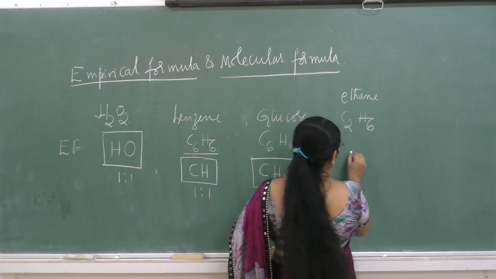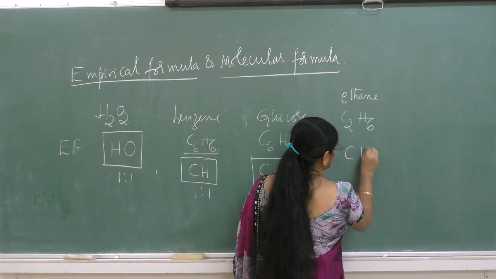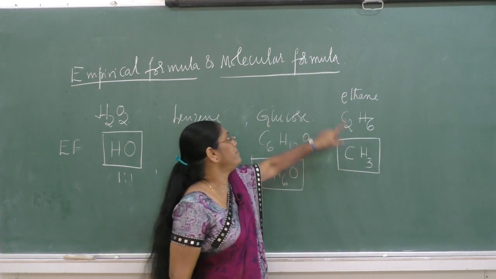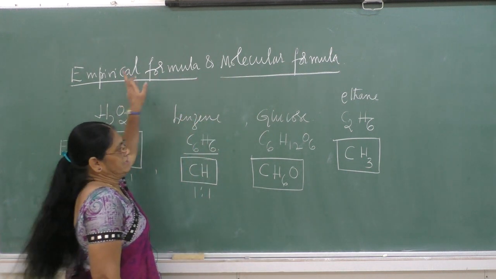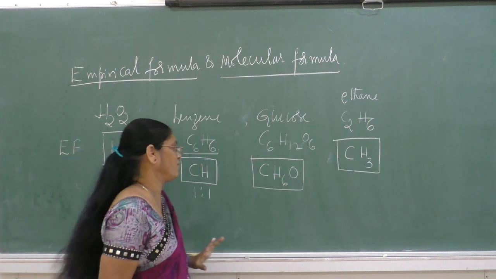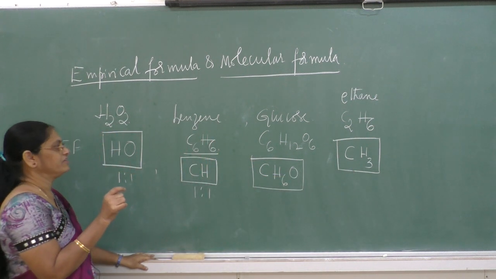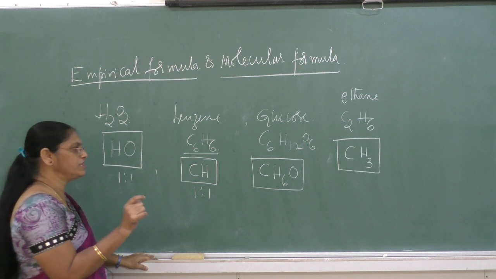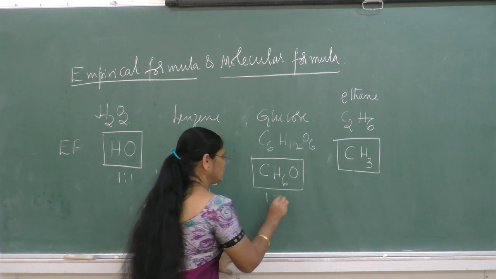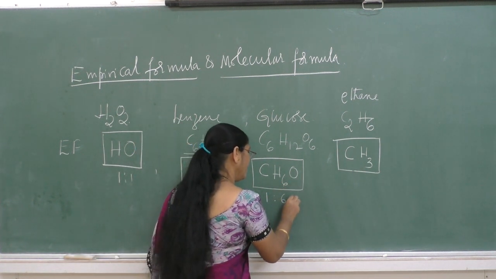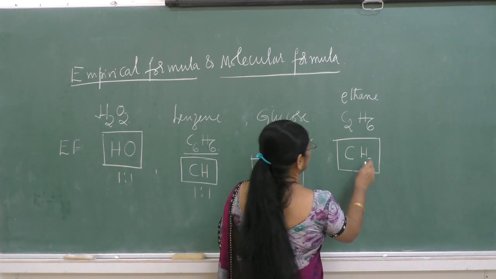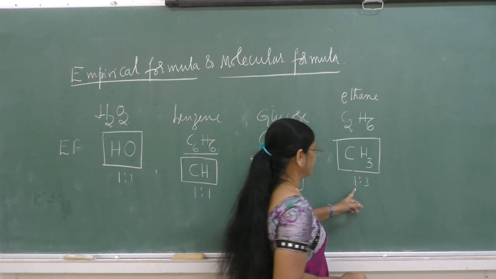Here 2 is the common factor. Remove the common factor, then this becomes CH3. So this is the empirical formula of ethane. Therefore, empirical formula is the simplest whole number ratio. In glucose, what is the ratio of carbon, hydrogen and oxygen? They are in the ratio 1:2:1. In ethane, they are in the ratio 1:3.